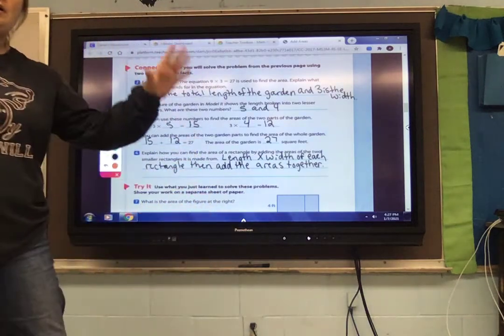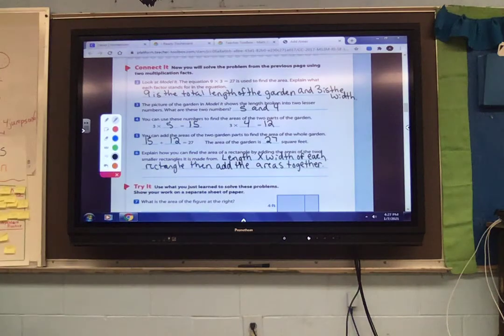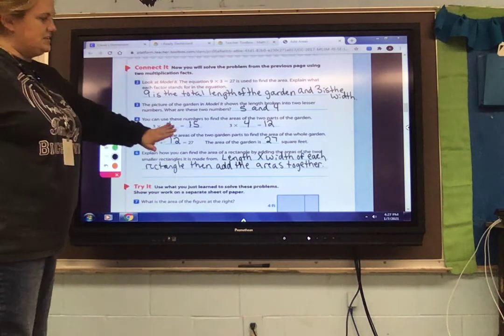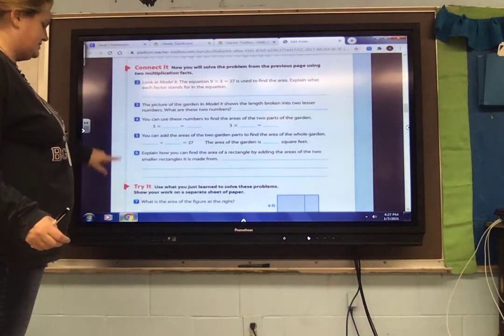We have two pictures or two rectangles, and then we're adding them all together. We're going to do what we just said, length times width, and then adding.